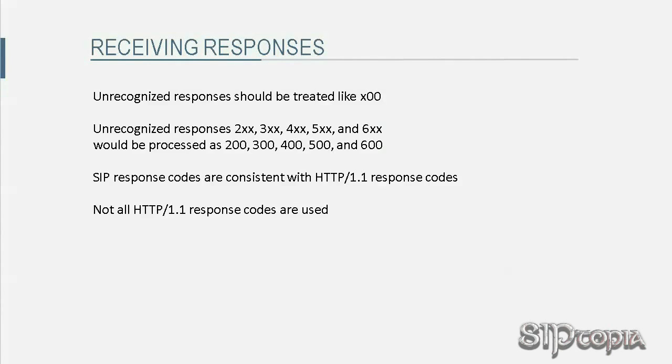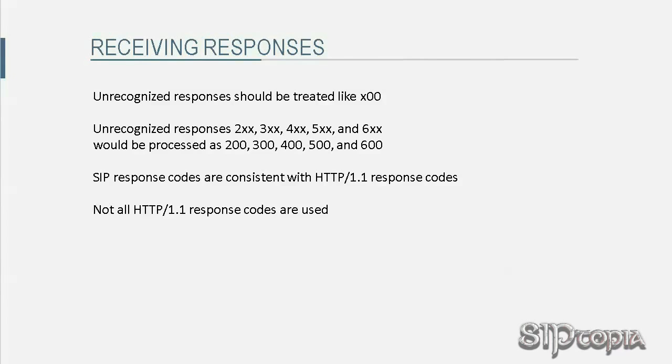So for example, if Tarzan received 199 Early Dialog Terminated and his SIP phone does not recognize this response, Tarzan's phone would have processed this response as 183 Session Progress and waited for a final response.